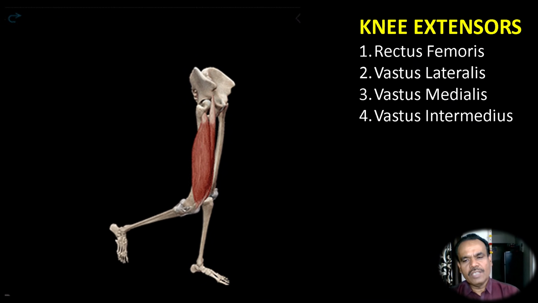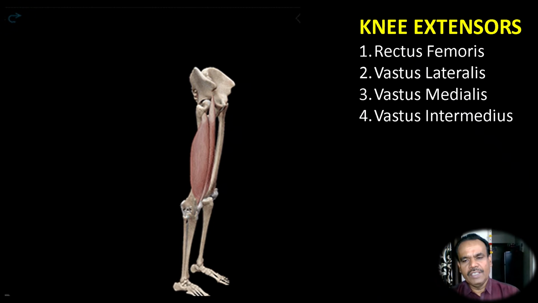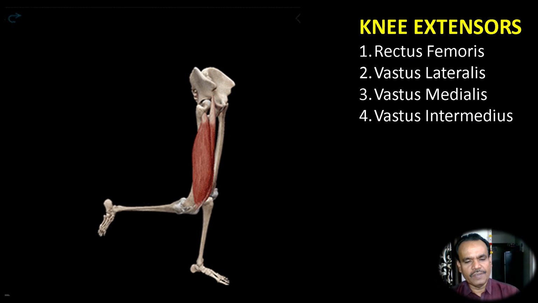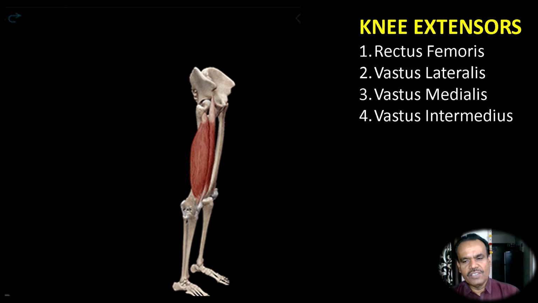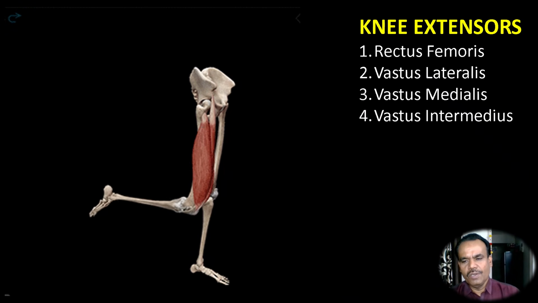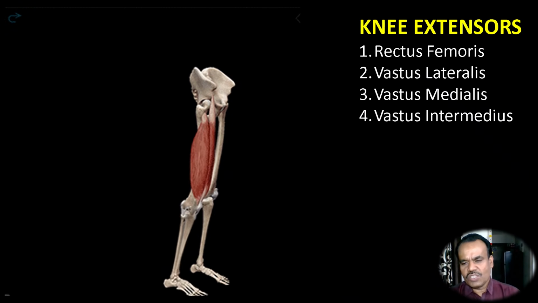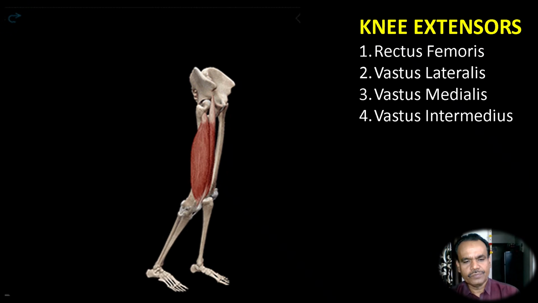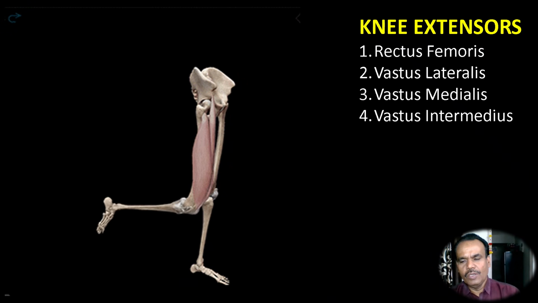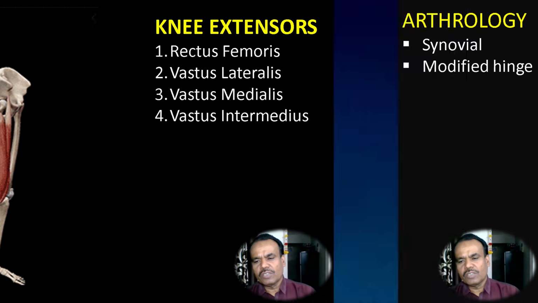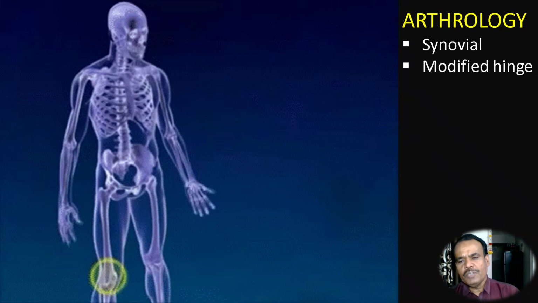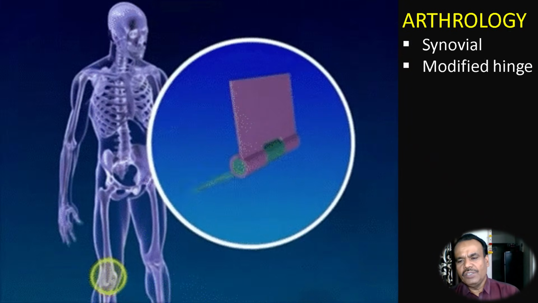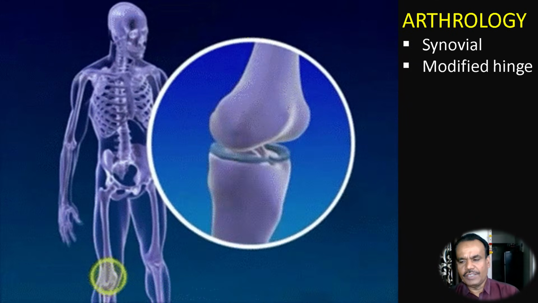Now the muscles that perform straightening activity, that we call extension, and the knee extensors are rectus femoris, vastus lateralis, vastus medialis, and vastus intermedius. From the arthrology point of view, the knee joint is a synovial and modified hinge joint.